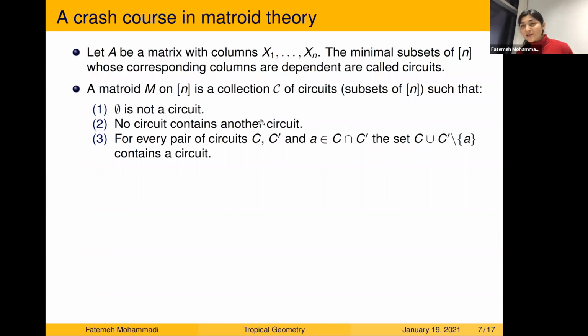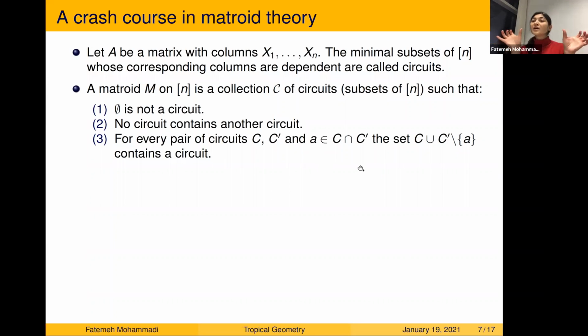The first two are easy, but the third one is also kind of easy to imagine. In terms of the matrix, let's say C and C prime are two circuits of my matrix. That means there is a linear equation among those columns, and my column A can be written in terms of the other columns in C. Also my column A can be written in terms of the other columns in C prime.